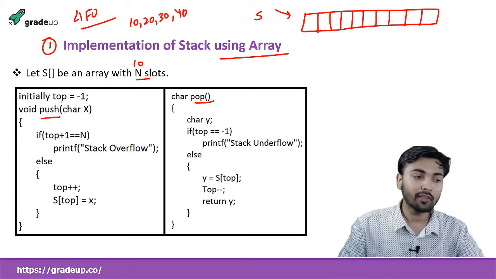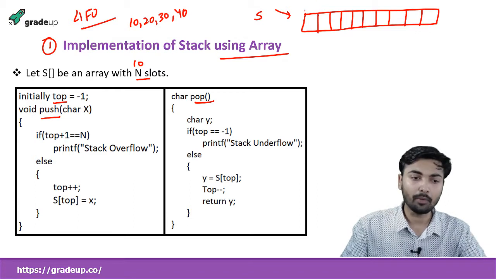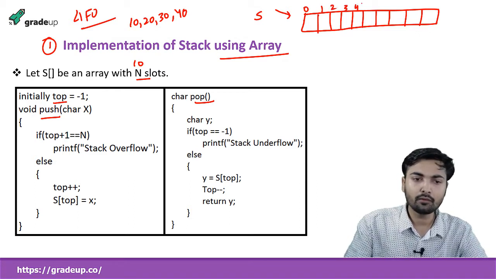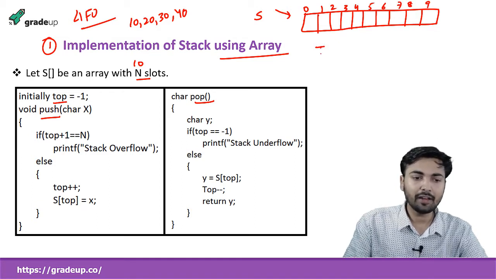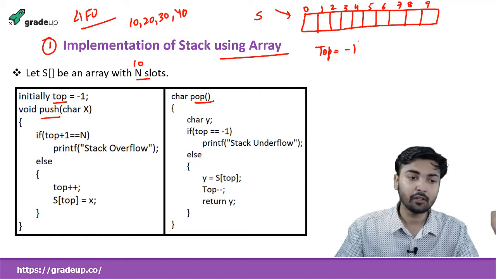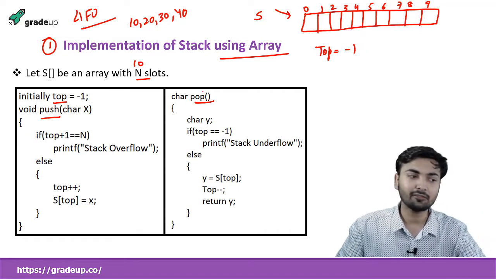See here. First of all, as we have discussed, you take a variable top. So mark the indexes of array 0, 1, 2, 3, 4, 5, 6, 7, 8, 9. You take a variable top which is equal to -1. Initially, when there is no element, your stack is empty. So top is -1.